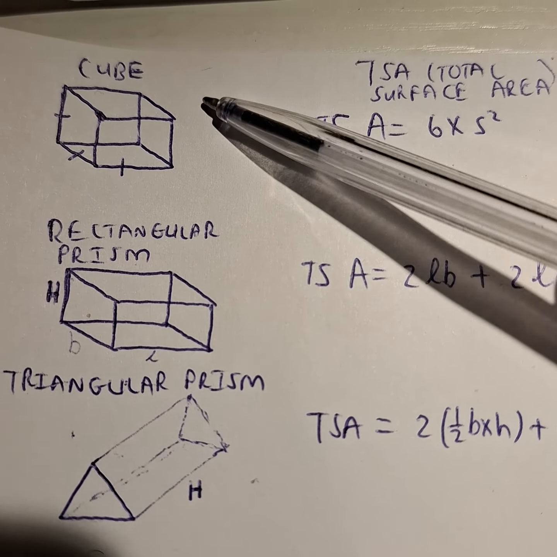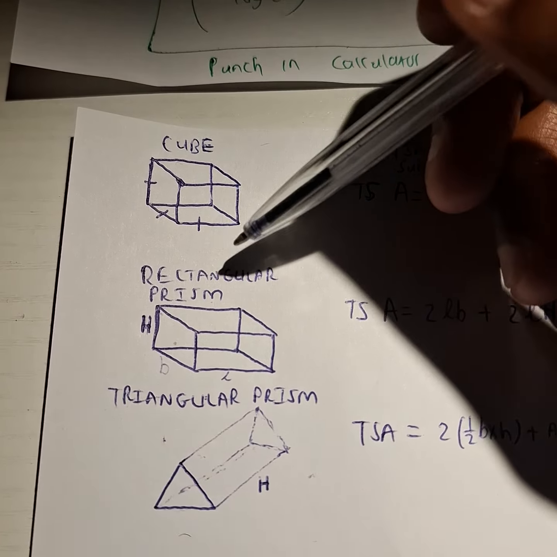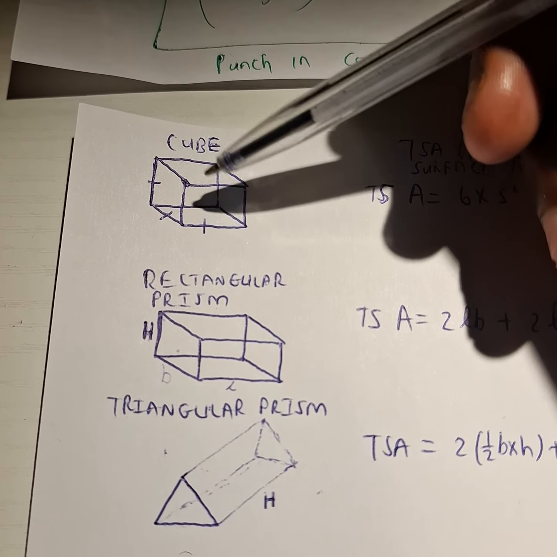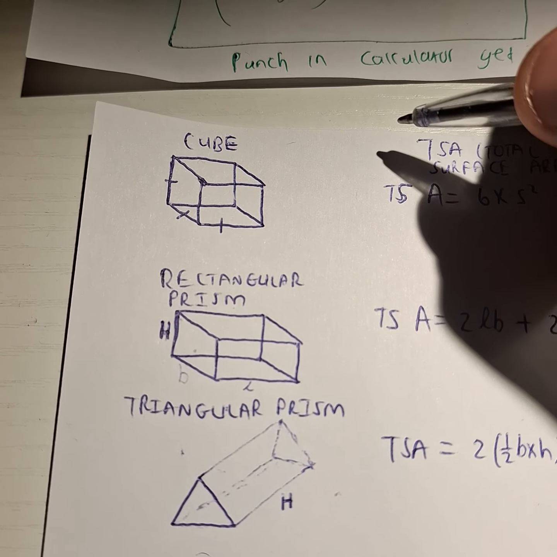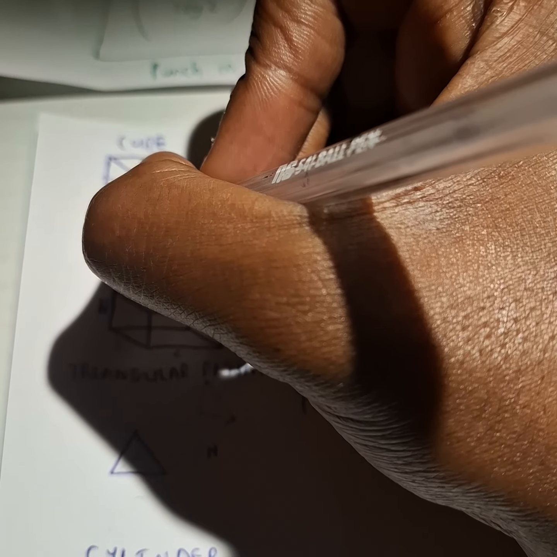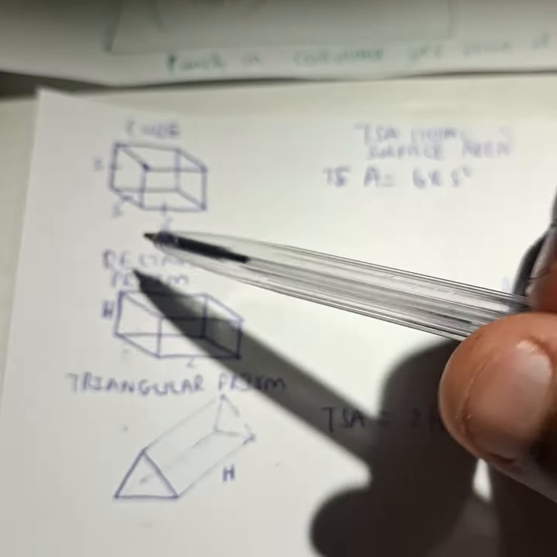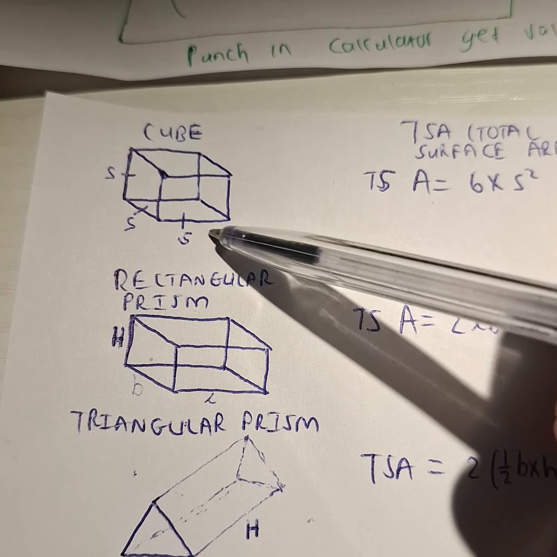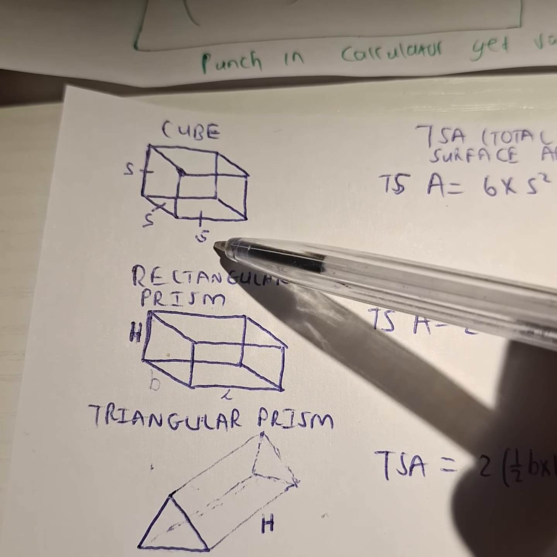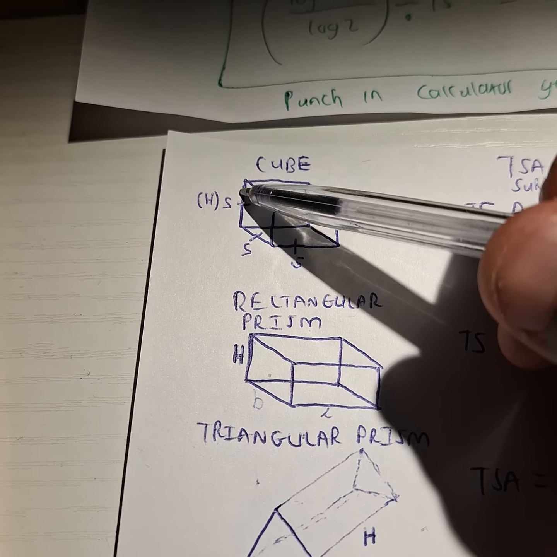So a cube is obviously a three-dimensional shape. It has sides that are equal in every dimension, whether it's the horizontal, the vertical, or the other plane. We denote a cube as having squares as its faces, so the length would be s, the breadth would also be s, and the height would also be s.